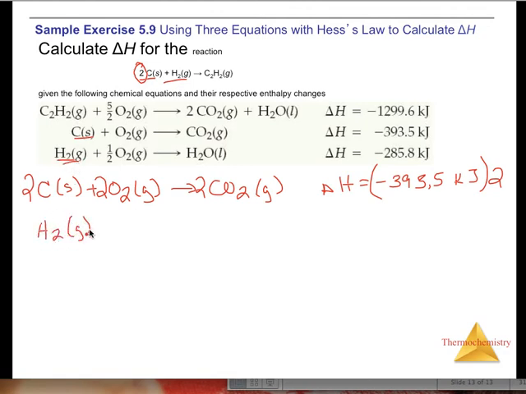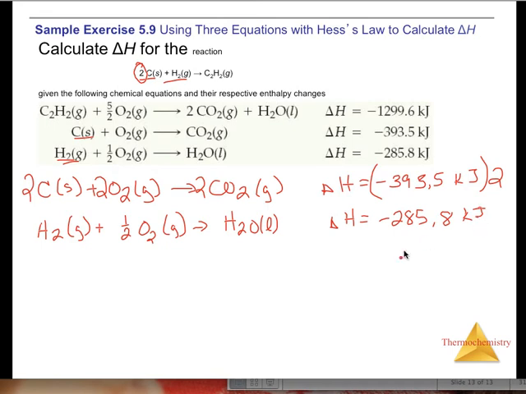So it's a good bet that that equation is also going to be used as written, with the change in enthalpy negative 285.8 kilojoules. And there's only one hydrogen molecule in this equation, so I don't have to multiply by anything. So I've kind of used these two equations.